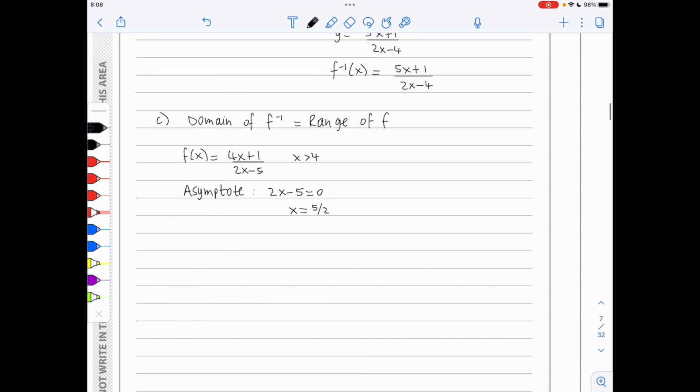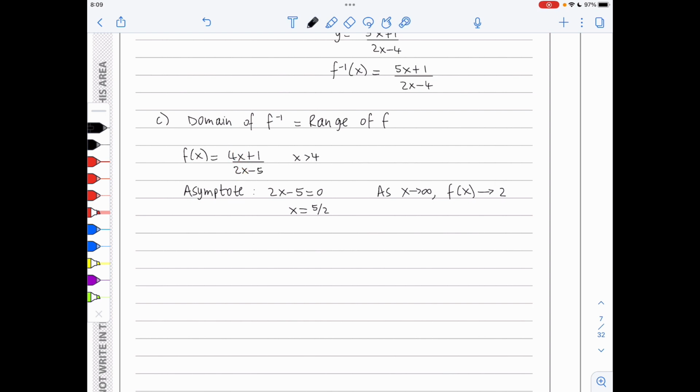Now to find the horizontal asymptote, I consider the behavior of f of x as x tends to infinity. So as x tends to infinity, the plus 1 and the negative 5 become insignificant. So f of x tends to 2, which is the ratio of the coefficients of x, 4 over 2.